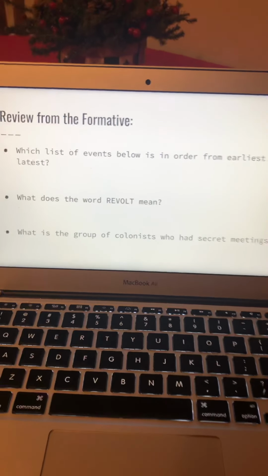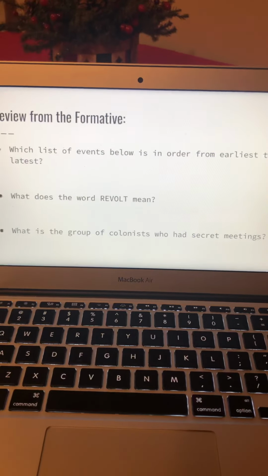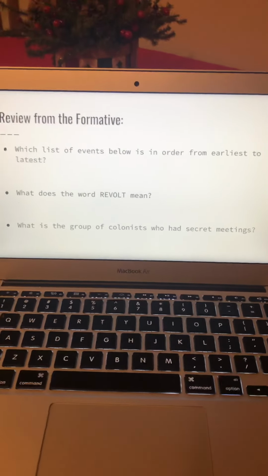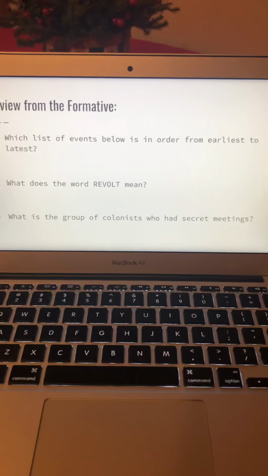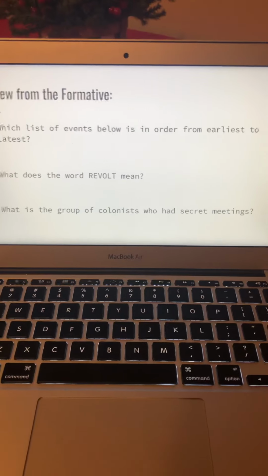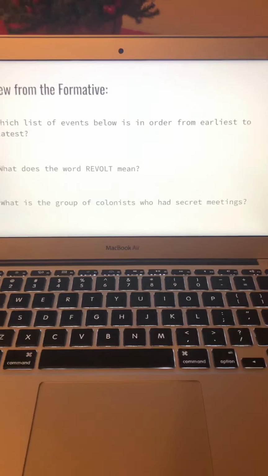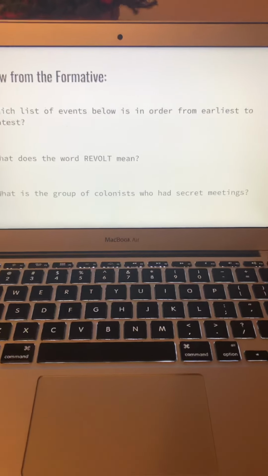Which was a group of colonists who had secret meetings? It's important to know this, and it's the Sons of Liberty. We talked about them earlier on, but it's very important to know these people because we're going to learn more and more about the Sons of Liberty. Even on the test, there will be questions asking if certain people are Patriots, Loyalists, Sons of Liberty, or maybe both.